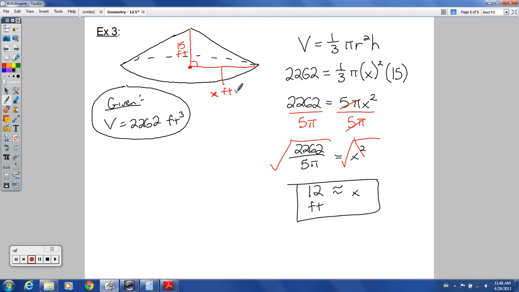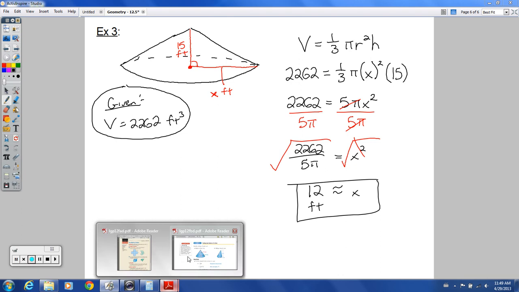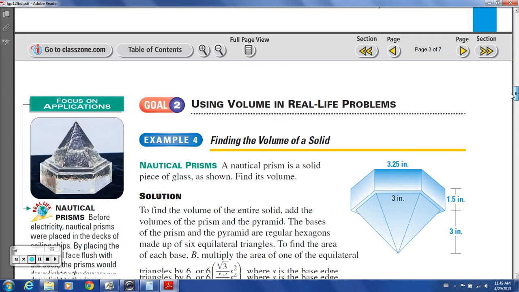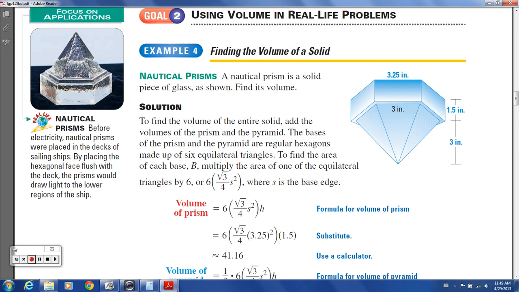And so that will actually almost do it for us. We've got one more thing that I want to talk about here. So let's bring up the book a second for that. Some cool real-life applications of this. Nautical prism. Before electricity, nautical prisms were placed in the decks of sailing ships. By placing the hexagonal face flush with the deck, the prisms would draw light to the lower regions of the deck.